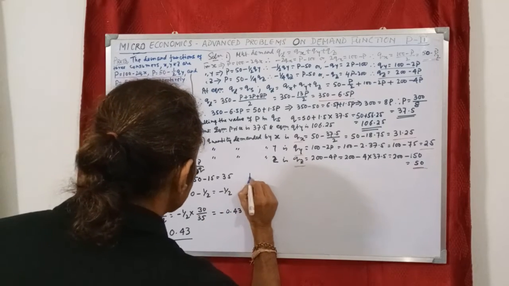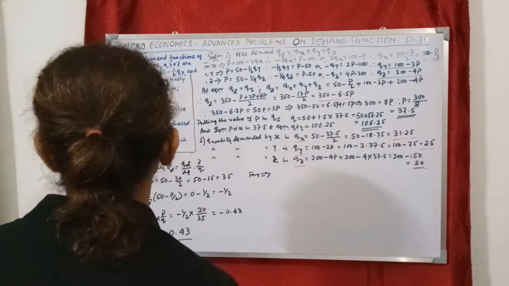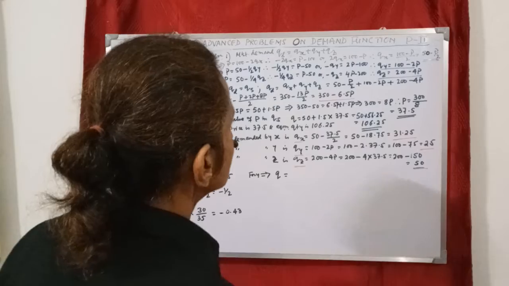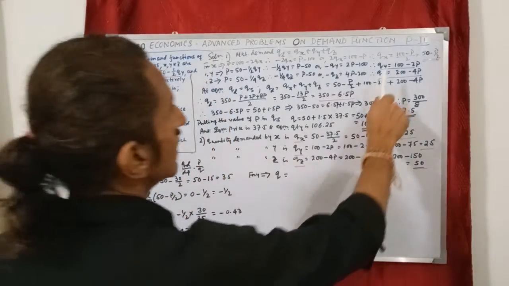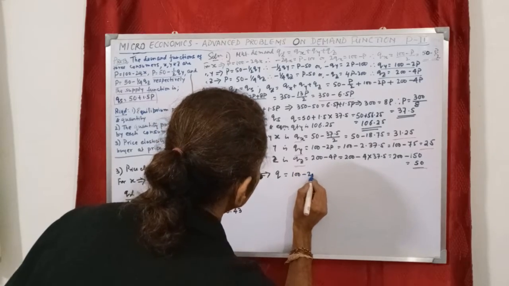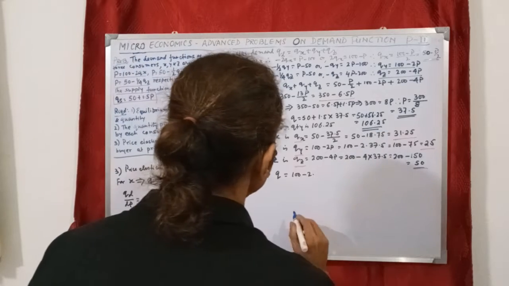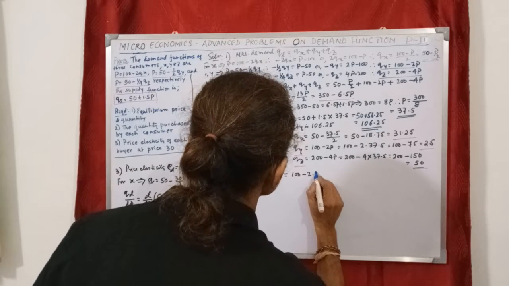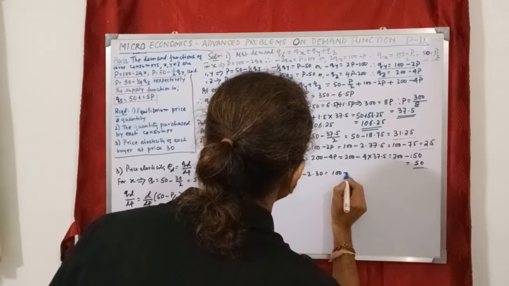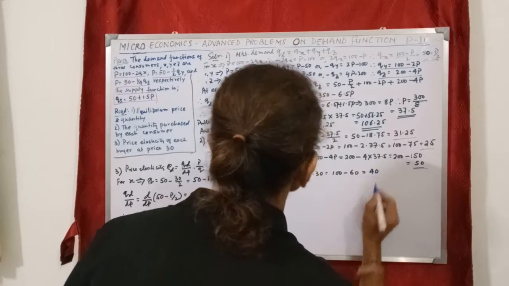Now this is for Y. For Y, Q equals what is the quantity demanded? 100 minus 2P. 100 minus 2, and what is the value of P? 30, not 31.25. Remember, 2 into 30 equals 100 minus 60 equals 40.